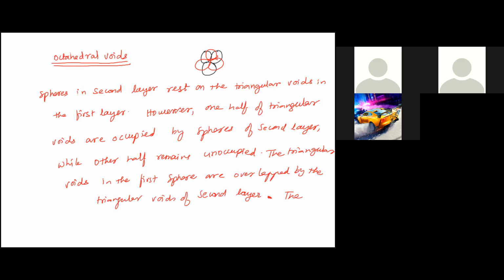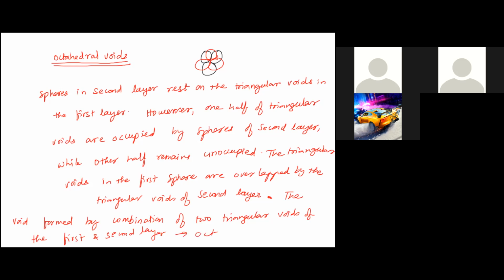So the void formed by the combination of two triangular voids of the first and the second layer is the octahedral void.